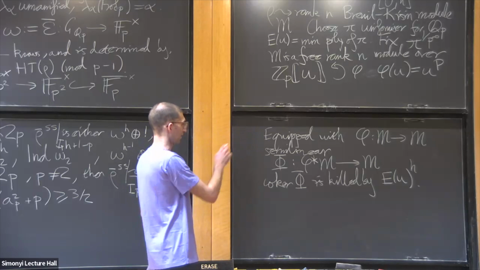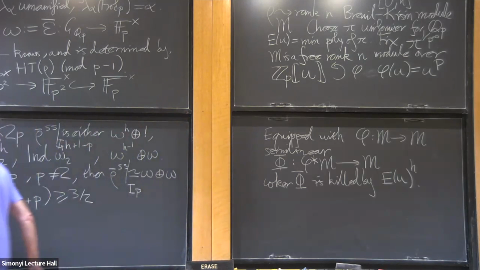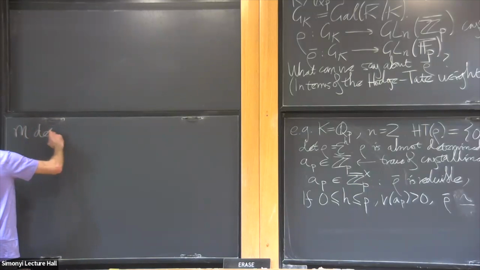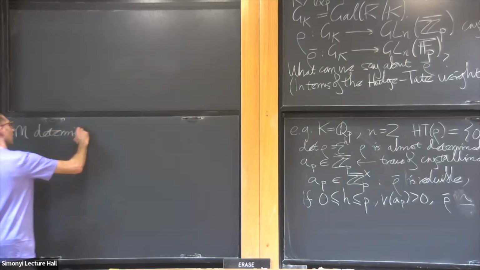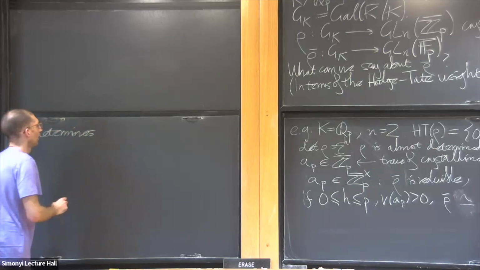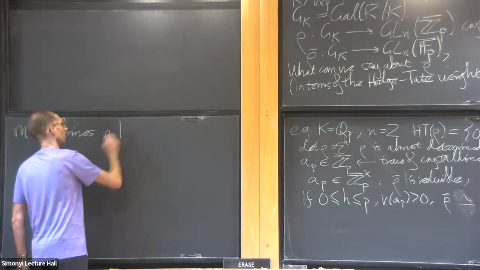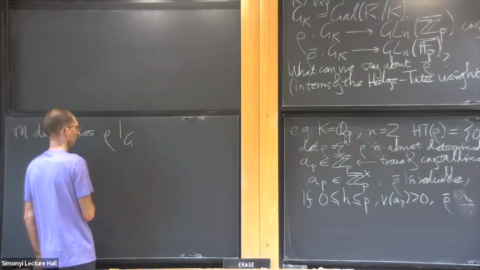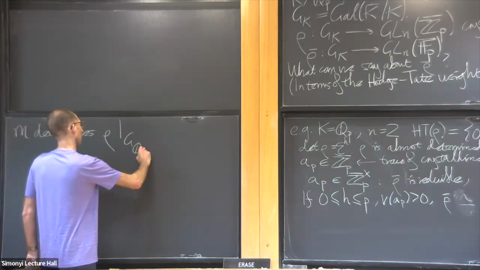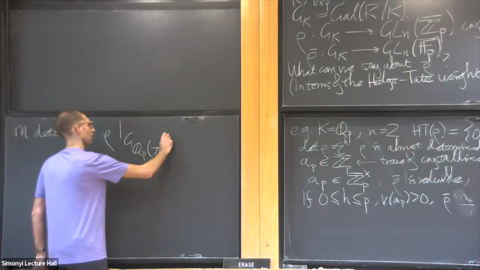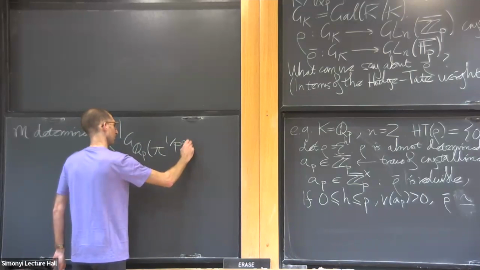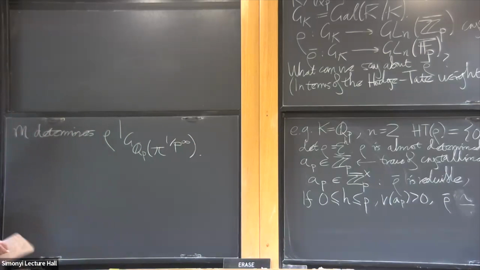This doesn't completely determine it, but what you can determine, at the very least, is that M determines the Galois representation restricted to Q_p adjoined by compatible roots of the parameter pi.